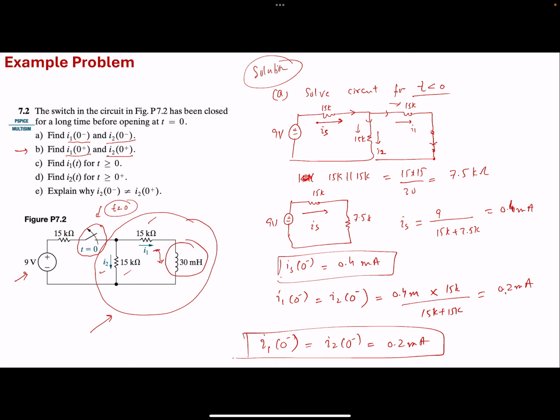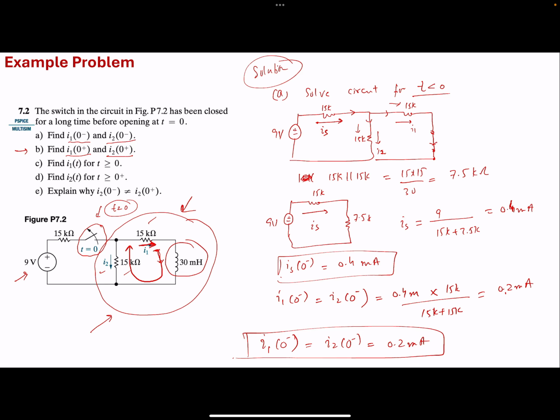Now just imagine that your circuit was literally just this portion of the circuit, two resistors and an inductor. And I am 100% sure that the current through the inductor is not going to change. It is going to remain 0.2 milliamperes. So just see how the current has to flow.